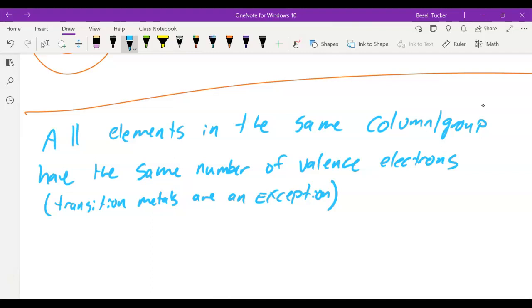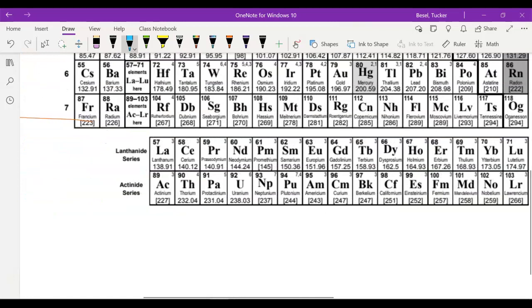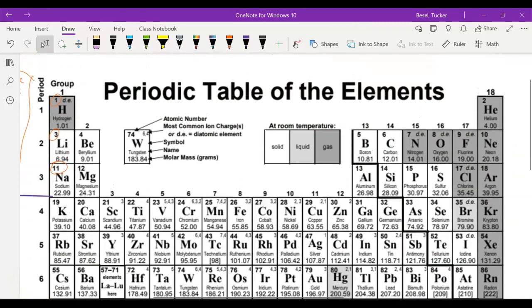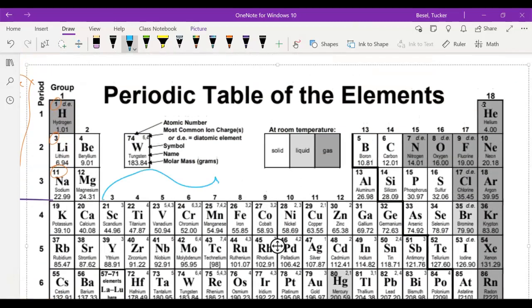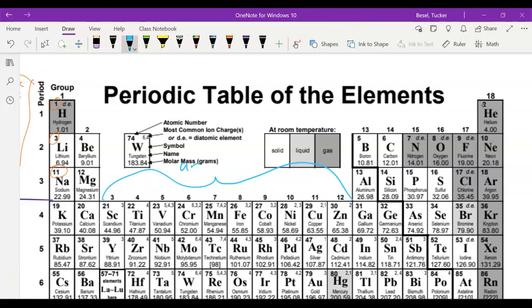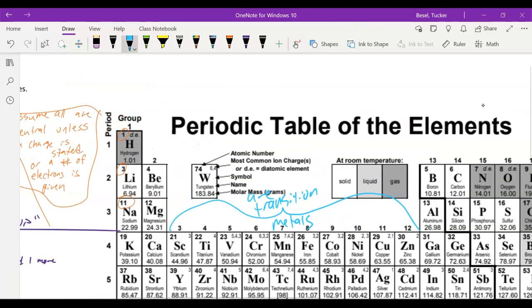The transition metals are an exception. So when I come over here, these right here are transition metals. Okay, so these guys in group 1 have 1 valence electron.